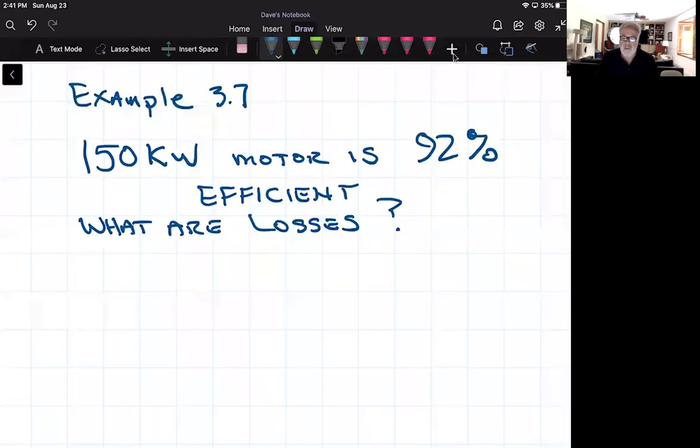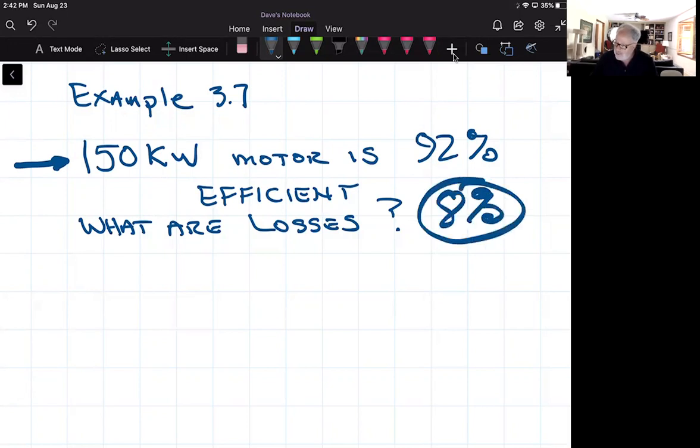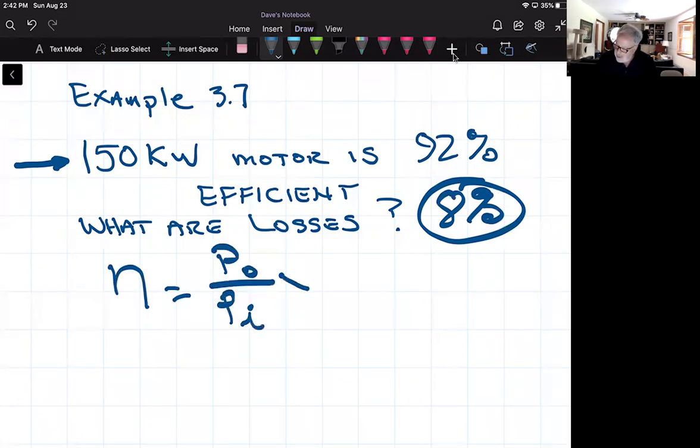We have a problem where we can actually do an efficiency calculation. Let's say that we have a 150 kilowatt motor and it's 92% efficient. What are the losses? Well, the losses are going to be 8%. You lost 8% of what was put into it. But as we look at this equation for efficiency, I want you to make sure that you understand this.